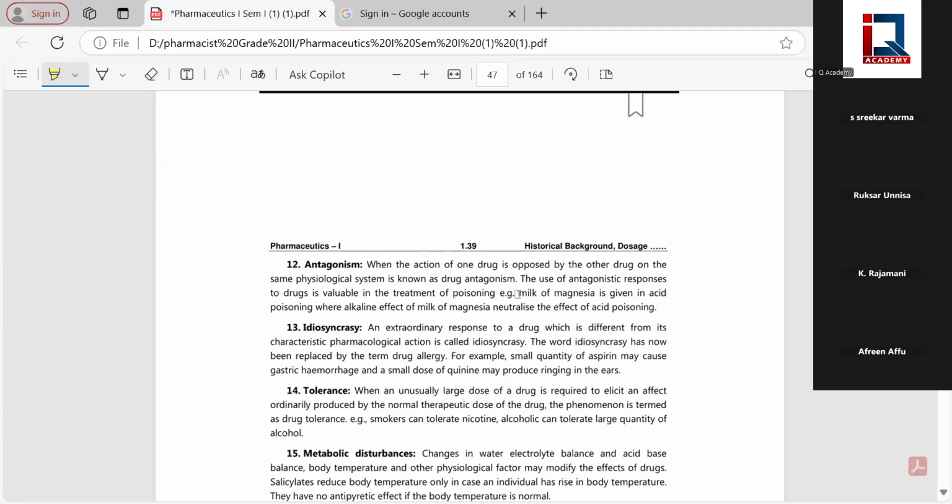For example, giving milk of magnesia, a basic drug, in the treatment of acidity, and giving adsorbents in acid poisoning is sometimes done intentionally. So antagonism can be done intentionally also. If it's done unintentionally, it comes under therapeutic incompatibility.